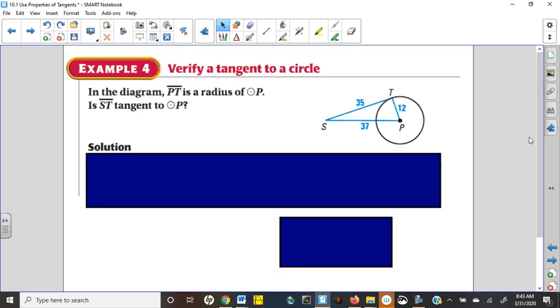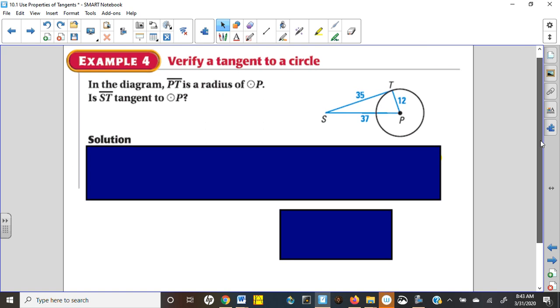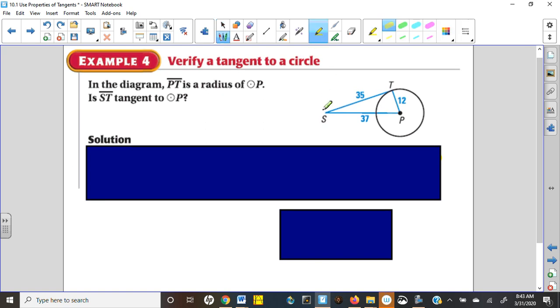Here are a couple of examples where we could use this. Is this segment ST tangent to circle P? Well, only if this is a right angle right here. Well, hey, when I drew segment SP, I actually ended up making a triangle.